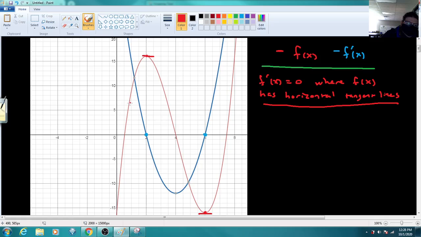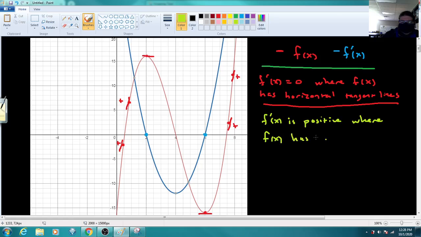Second thing, if we look at points that have positive tangent line slopes on the red function, all those points correspond to positive y values on the blue function. So f prime of x is positive where f of x has tangent lines with positive slope.